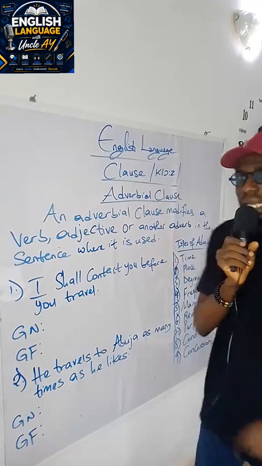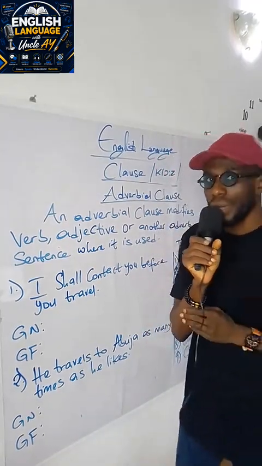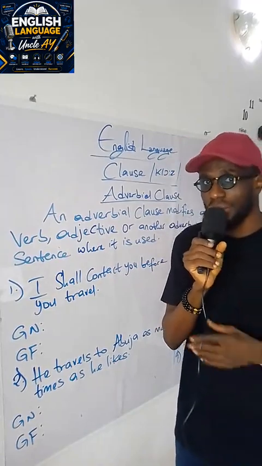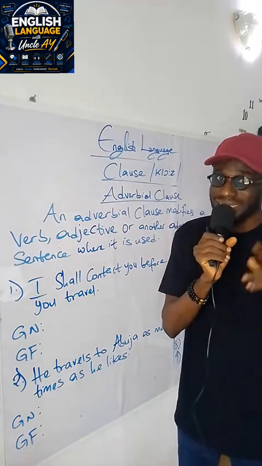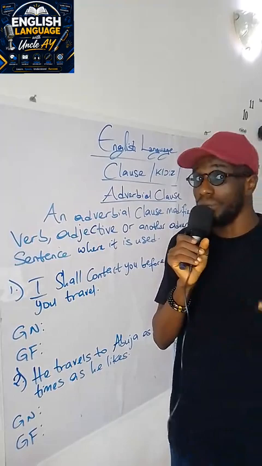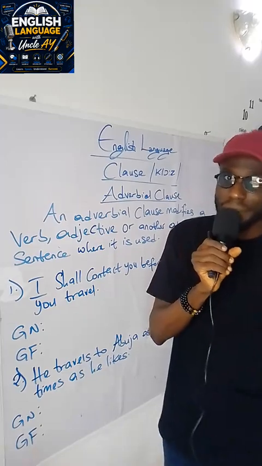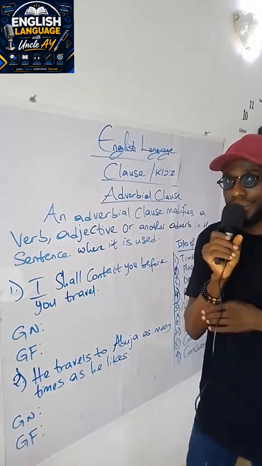It's on the board. And let's not forget where we'll be taking all of these from, all the way from clause, where we talked about the definition of a clause as well as its types. And the very first type we looked at was the independent or the main clause, of which we further looked at its subtypes, and I gave sentence examples.